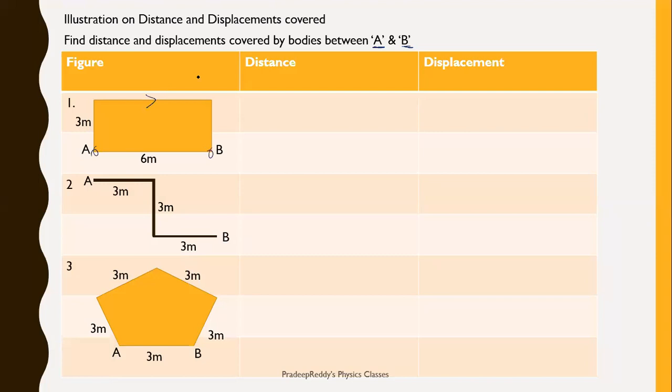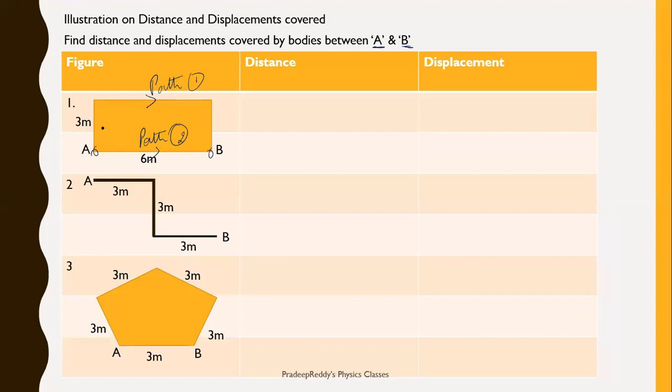Path 2 is a straight line from A to B, and in path 1 the direction undergoes change, and this is not the shortest path. The shortest path is called displacement and the longer path is called distance.